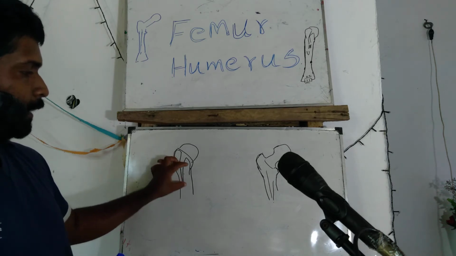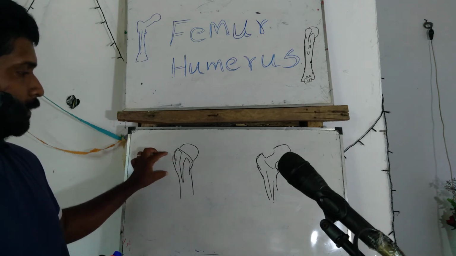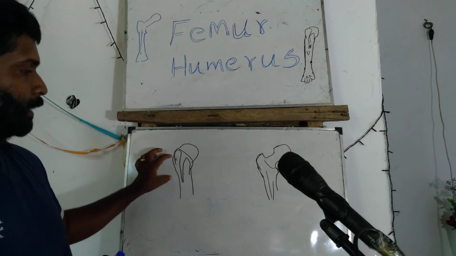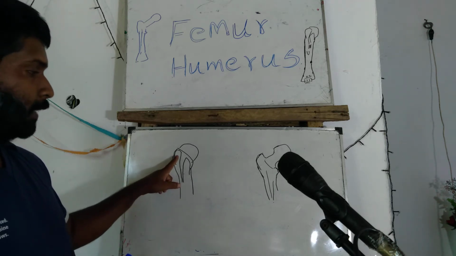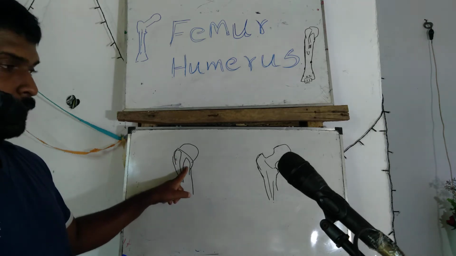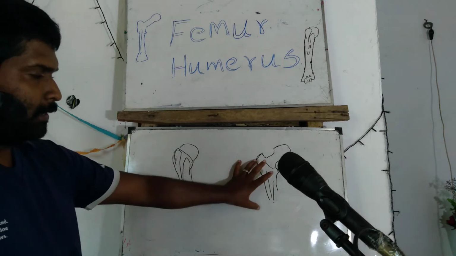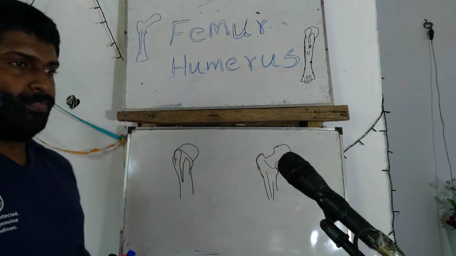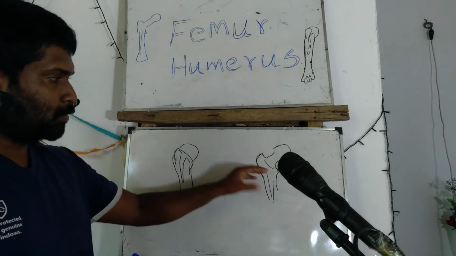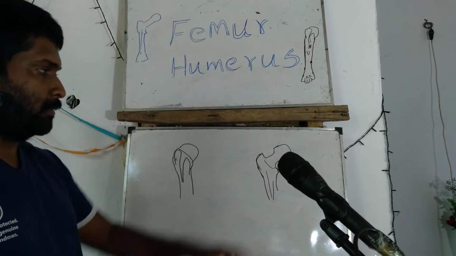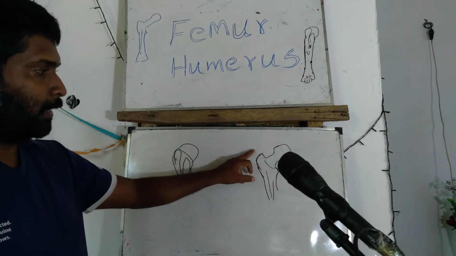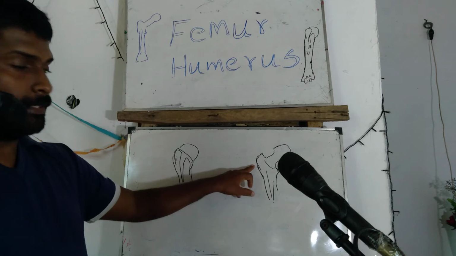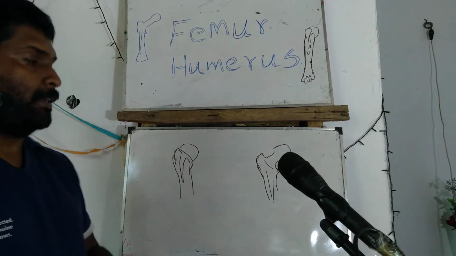We call these prominent areas tubercles. This is the greater tubercle. This is the lesser tubercle. Consider the femur bone. The prominent areas are the greater trochanter and lesser trochanter.